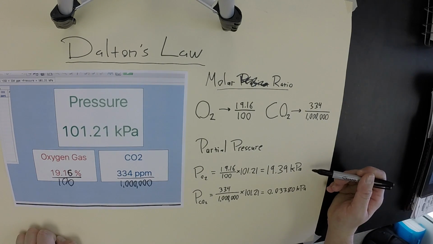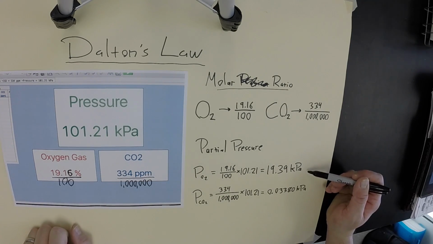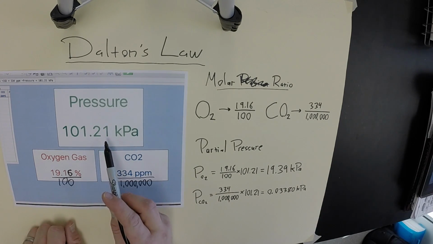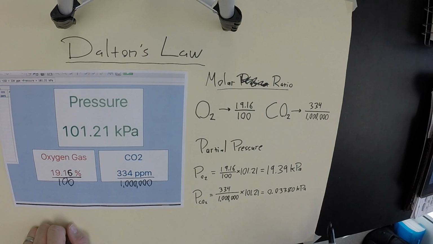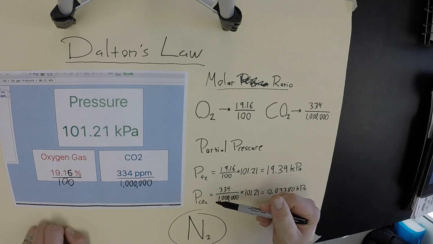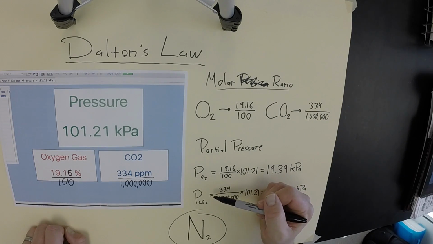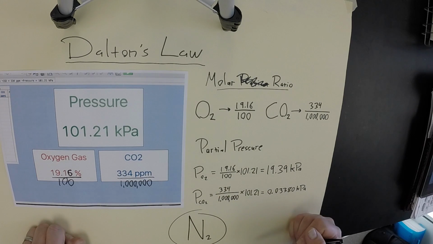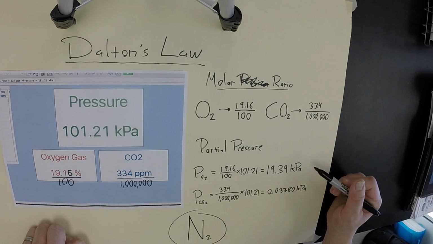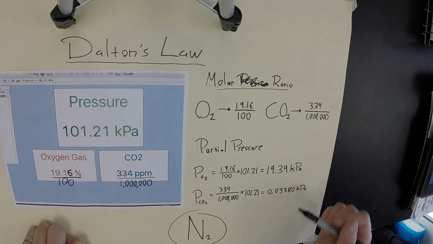Now again, you might wonder, wait a minute, shouldn't these two pressures add up to 101.21 kPa? But remember, our Earth's atmosphere is mostly nitrogen, N2. Neither of our probes takes into account nitrogen. We don't have a probe to measure that. So that's why these two don't add up to 101.